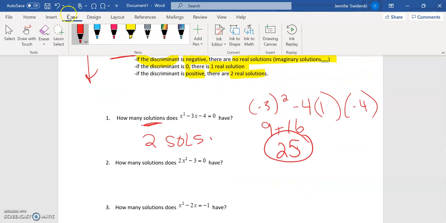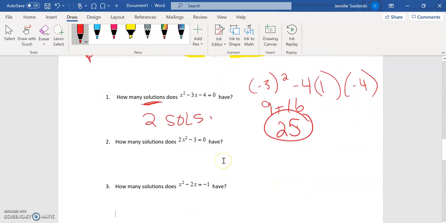Let's try this next one. How many solutions does this have? Notice we don't have a b in there. We have an a value and a c value, because we don't have anything with just an x. So the opposite of b is just going to be 0 squared. Then negative 4 times a times c, which is negative 3, so we're going to get 0 minus, let's see, 12, 12, 12, 24.